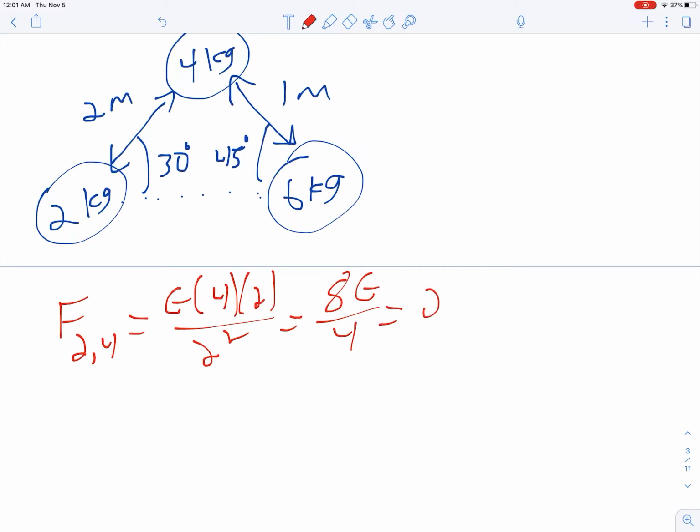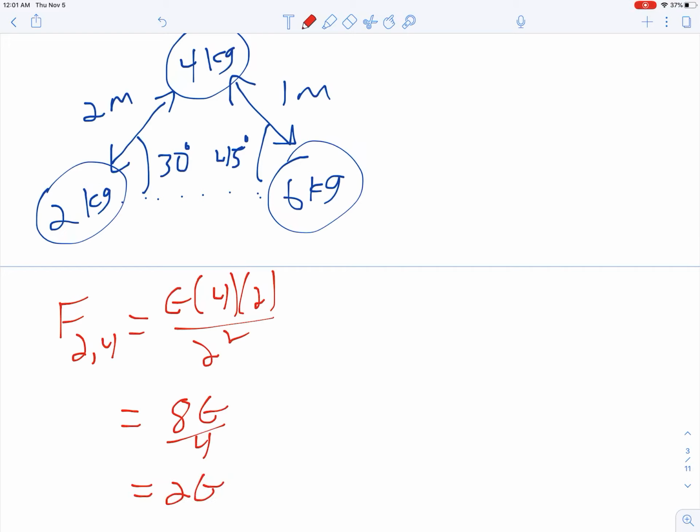It's the exact same problem so far. Actually, let's make some room here. Let's put it down here. 8G over 4 equals 2G.